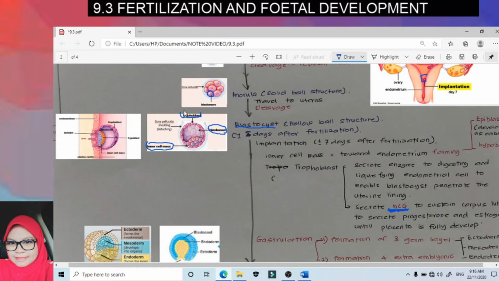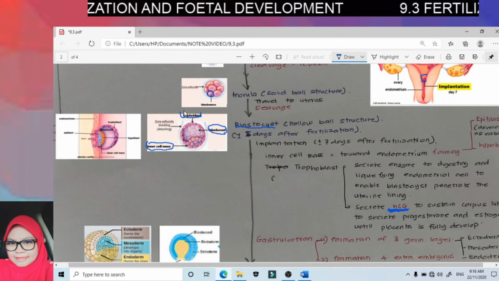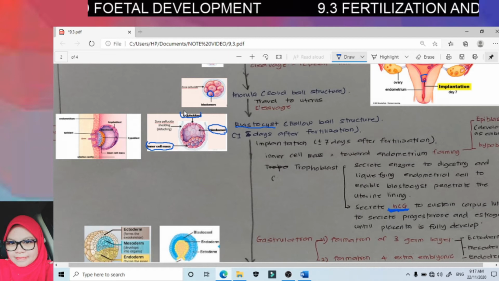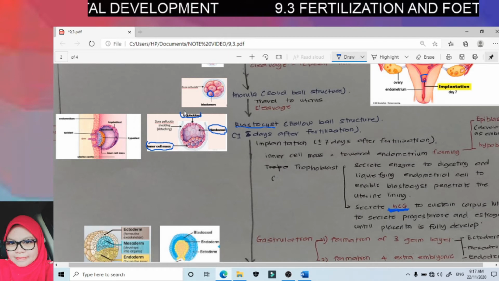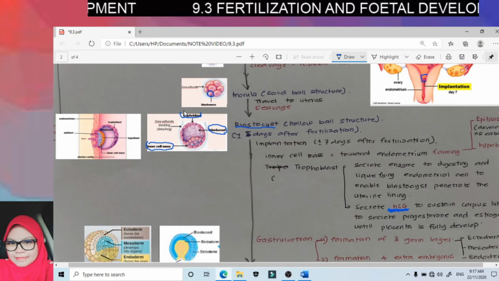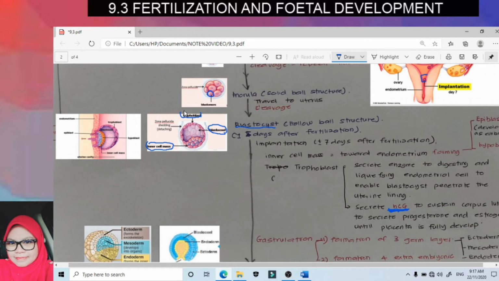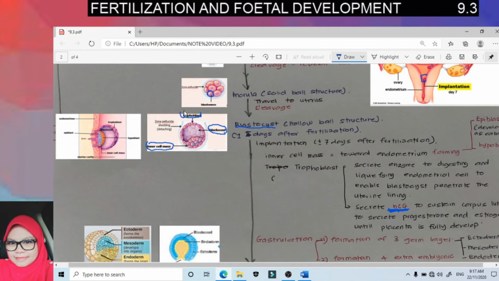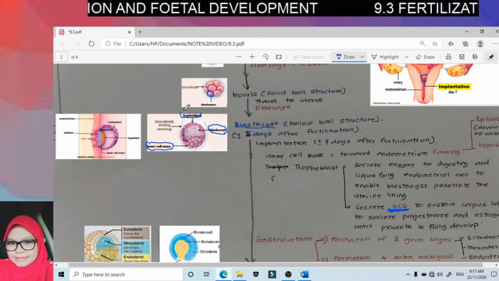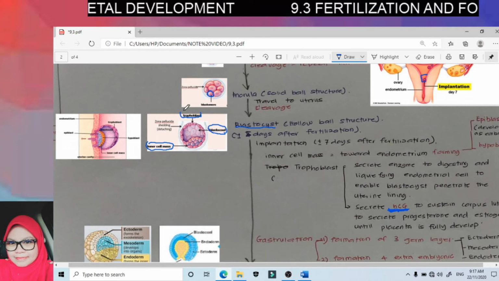So as we learned in the menstrual cycle, when estrogen and progesterone level drop, automatically our endometrial wall will shed. So the menstrual flow phase will occur. But for a pregnant woman, since the trophoblast secrete HCG, the HCG will cause the corpus luteum to keep secreting estrogen and progesterone so that the thickness of the endometrium wall is maintained.